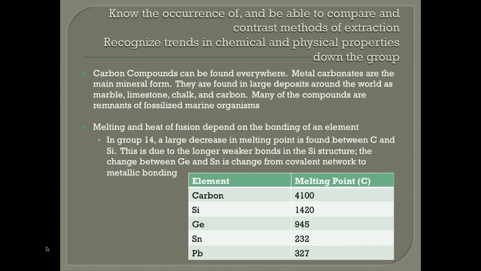In the carbon and silicon structure, we see more covalent bonding, which indicates a higher melting point to break those bonds. However, in the tin and lead, the structure changes from a covalent network to a metallic bonding kind of network.